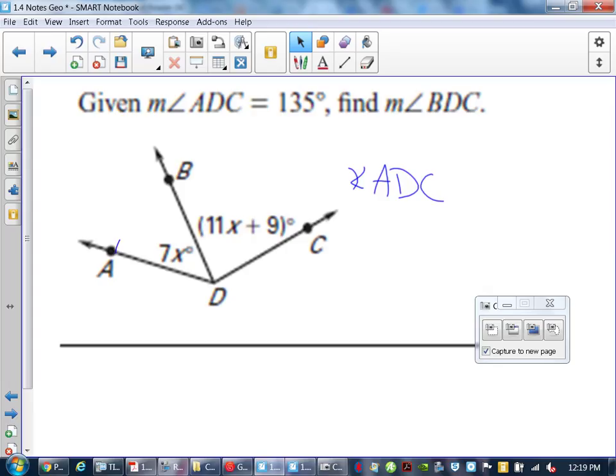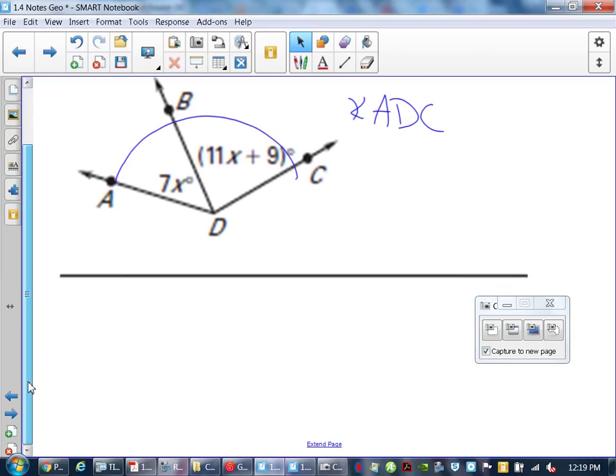That's this whole thing. That whole thing is made up of what two other angles? Those two. So you're writing out your statement that it'll be angle ADB plus angle BDC, just like we did a second ago.